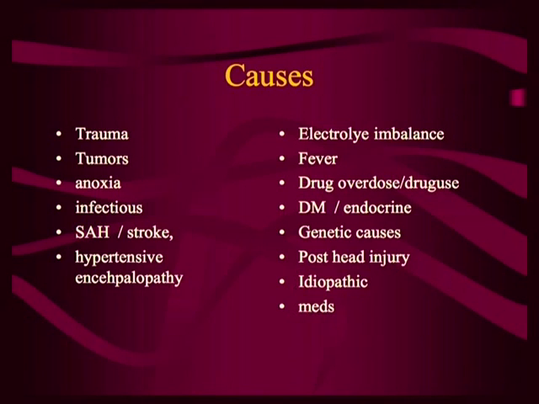Head injuries. At the time of the head injury, they can have a seizure because they can have bleeding in the brain, which can lead to a hemorrhagic stroke. Or some people have a head injury and may not have seizures, but they may get seizures maybe 1 or 2 years later. This is under post-head injury.